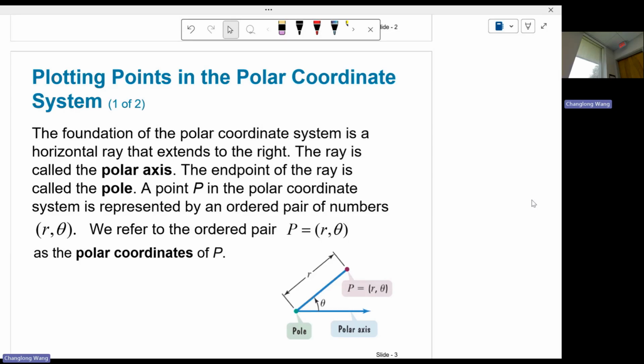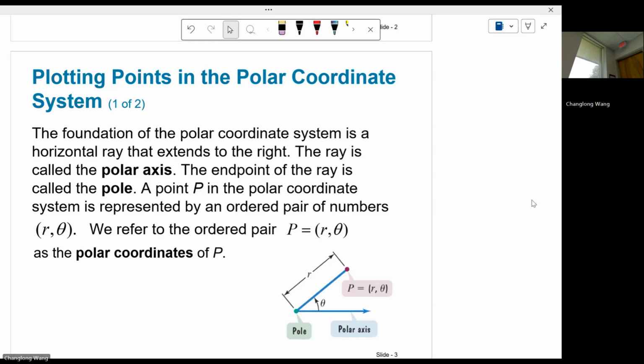So what happens is instead of thinking about the origin when it comes to x and y, the same point now has a name called the pole, like North Pole, South Pole. And what used to be called the x-axis, the positive horizontal axis that always goes to the right, let's call it the polar axis, the axis that starts from the pole.